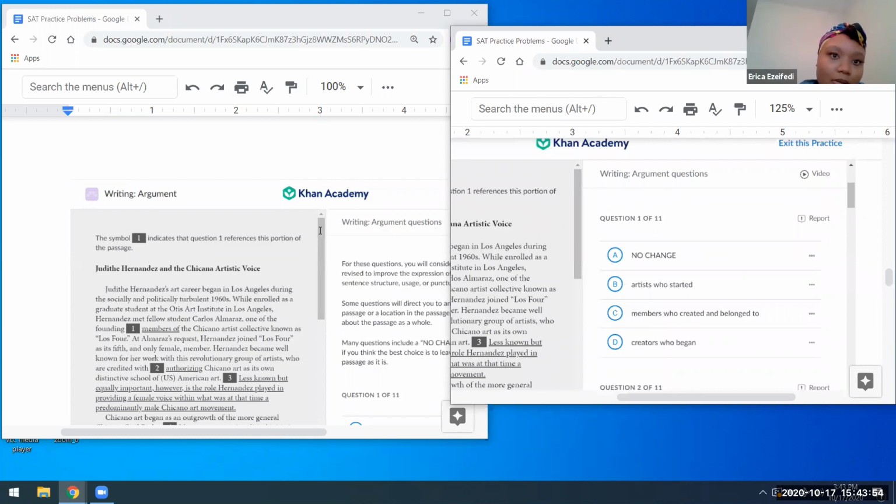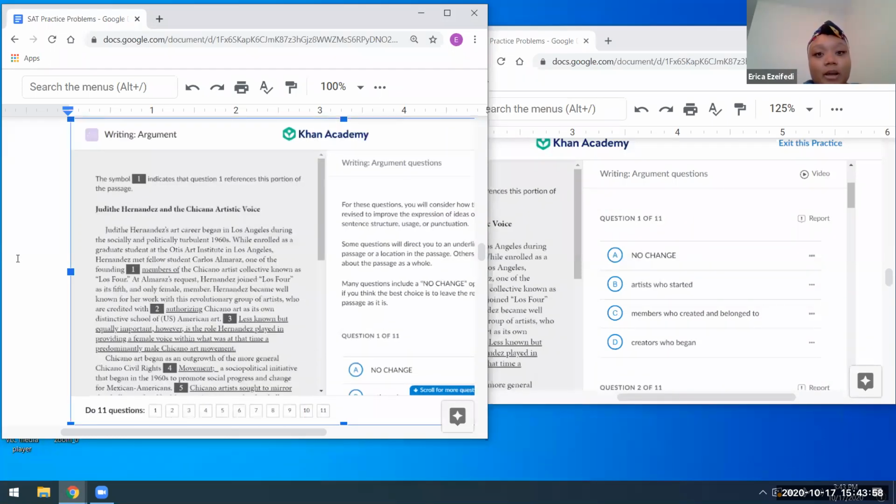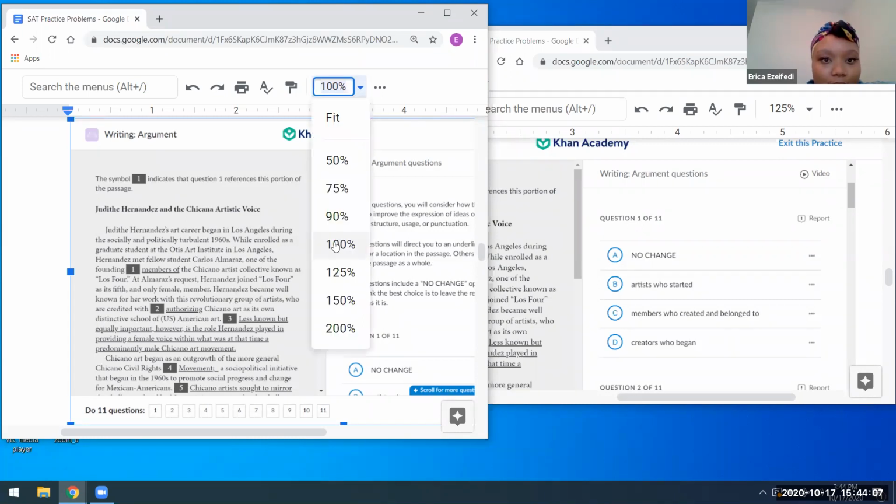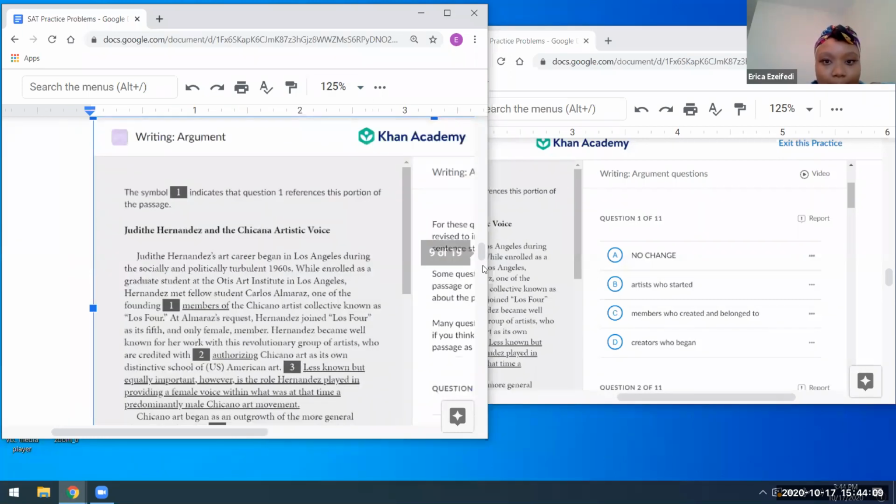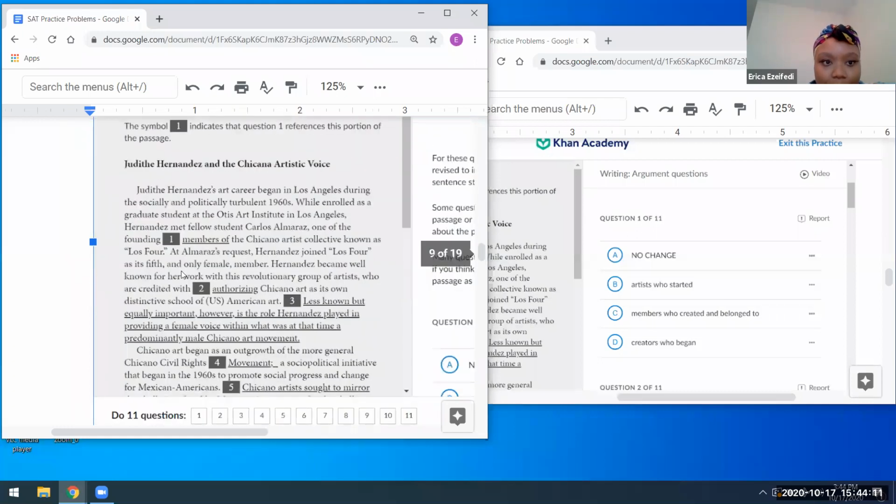So now, what I like to do with these passages, the writing and language problems, as I mentioned before, is to read the passage up until the numbers and then go to that question that it refers to. Okay, so let's get started.